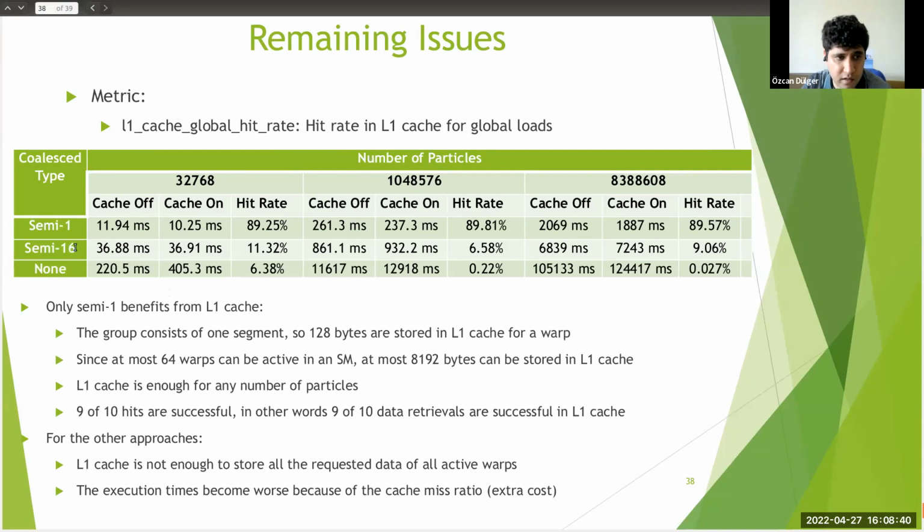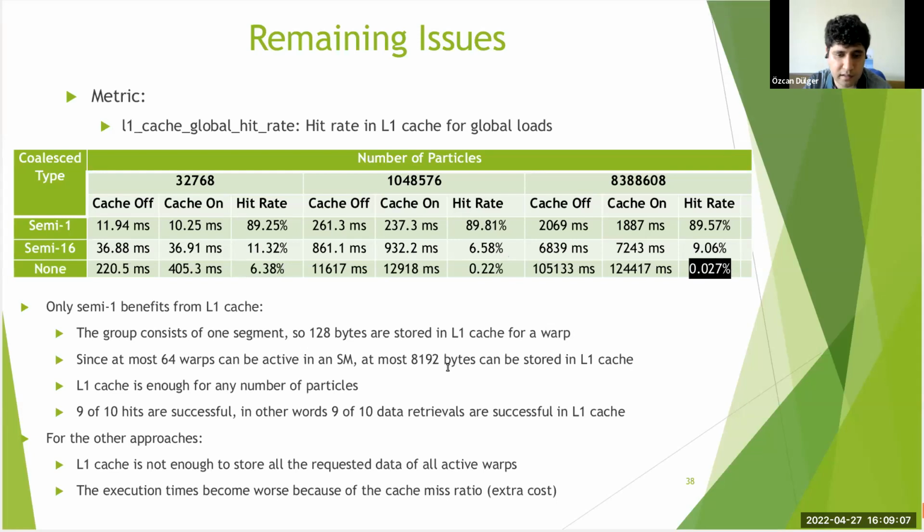But for the other approaches, the semi-coalesced and the non-coalesced access, the hit rate, as you see, is very low, and it decreases as the number of particles increases, because L1 cache is not enough to store all the requested data of all active warps in these approaches, because the warps can access different segments.